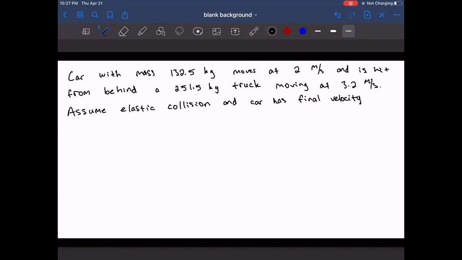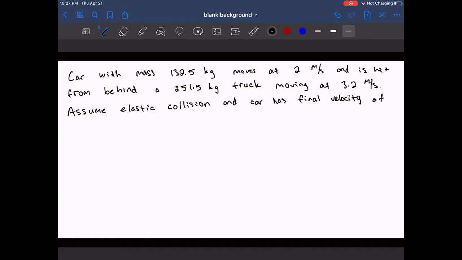What is true? What is conserved in an elastic collision? What's the math equation that you should write down? Remember, this is physics. You've got to have the equation or you don't get anywhere, right? The equation is Ki equals Kf.